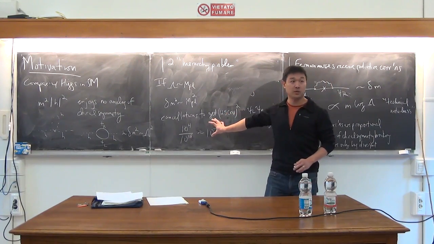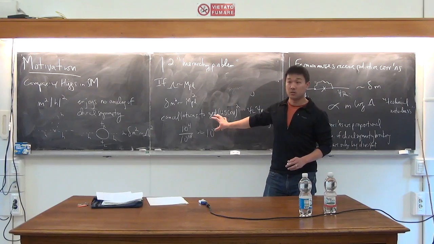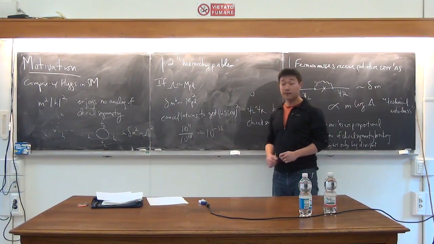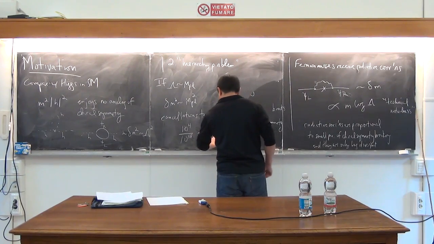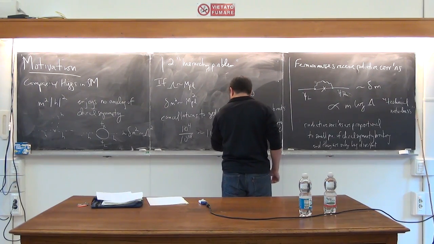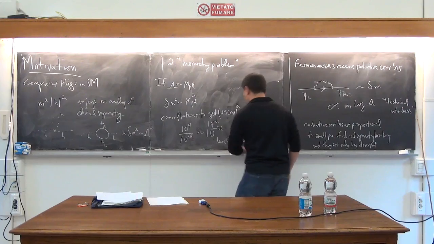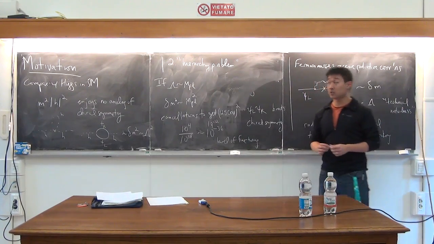Either way, that's not the point. The point is this is a ridiculously huge amount of cancellation. So this is the level of fine-tuning, 10 to the minus 32, that's required if you cut off the theory at the Planck scale in the standard model.